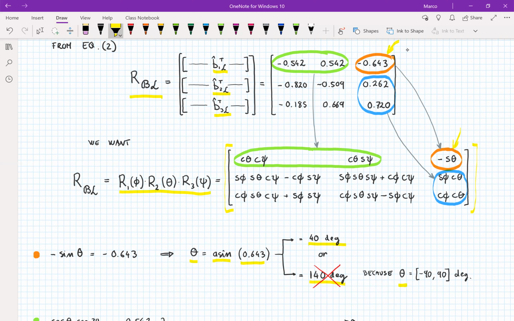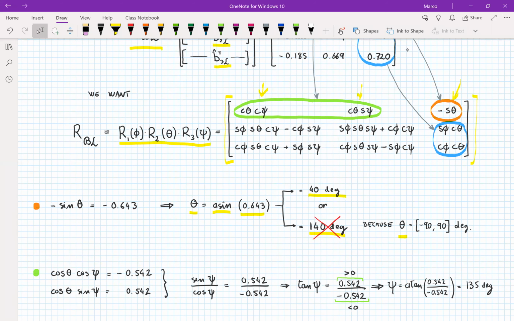Now let's take a look at these green entries here. So we have that cosine of theta times cosine of psi is equal to minus 0.542. And then we also have cosine of theta times sine of psi, that is equal to 0.542.